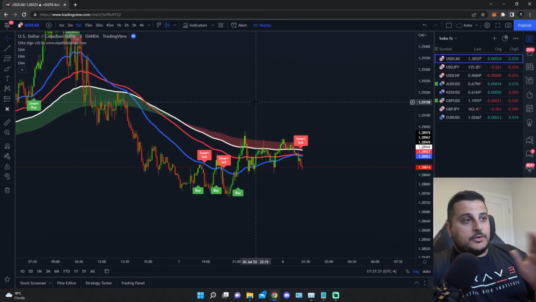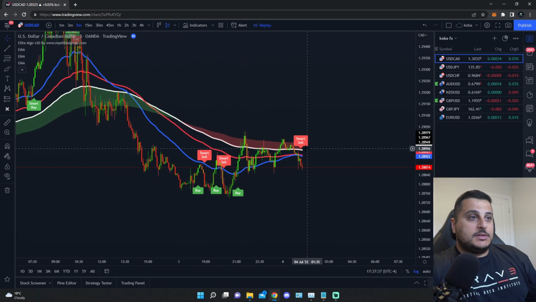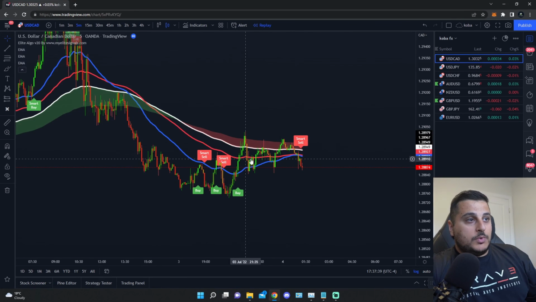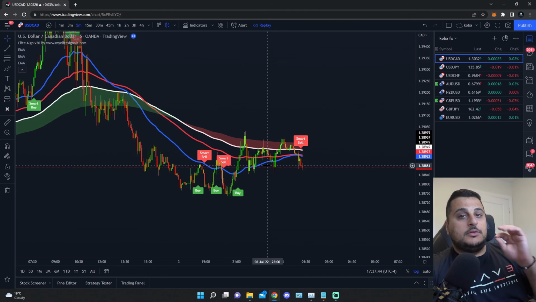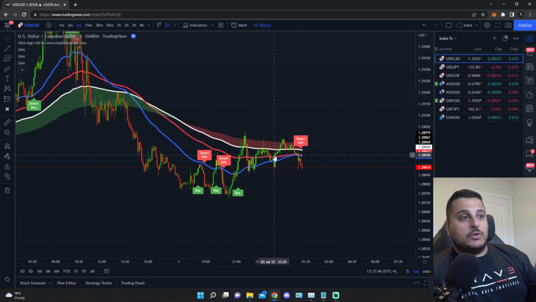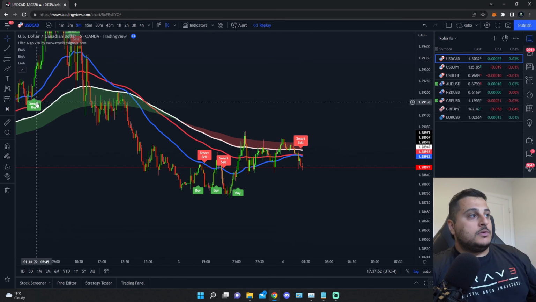Okay, so here's another example of a good trade that we have right here for a short. We have a red trend cloud. As we can see, we have all three lines starting to head downwards. We have the blue moving average below the other two moving averages for a short. It's exactly what we want. And we have a smart sell signal. So what do we want to do here?